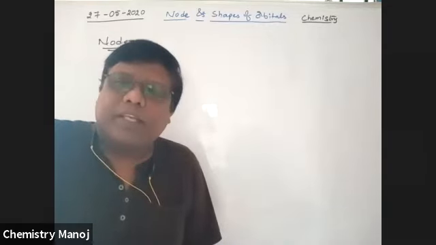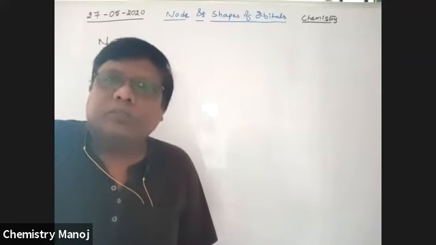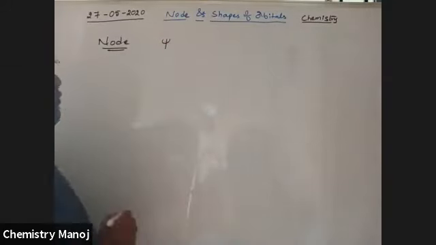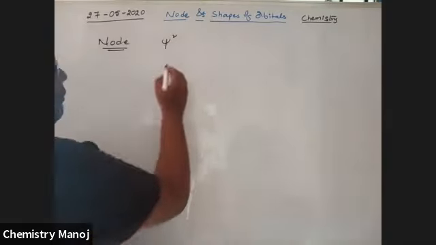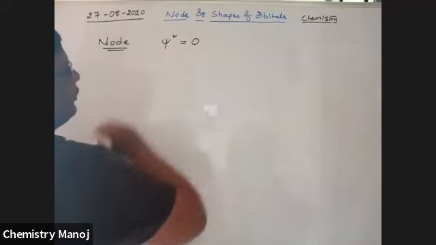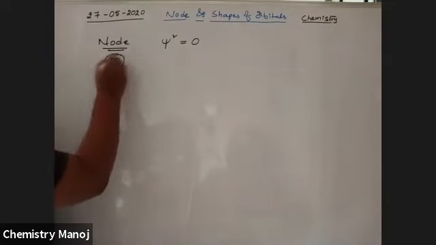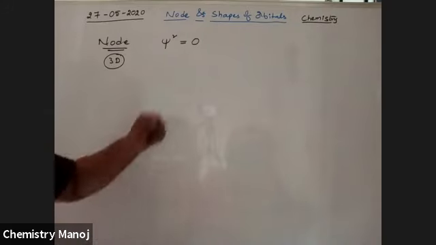It is the three-dimensional space in an atom where the probability of finding an electron is zero. Probability of finding an electron is nothing but psi square. Psi is the wave function, but psi square is the probability of finding an electron. If this probability of finding an electron is equal to zero, it is the three-dimensional space in an atom where psi square becomes zero, and that is called a node.